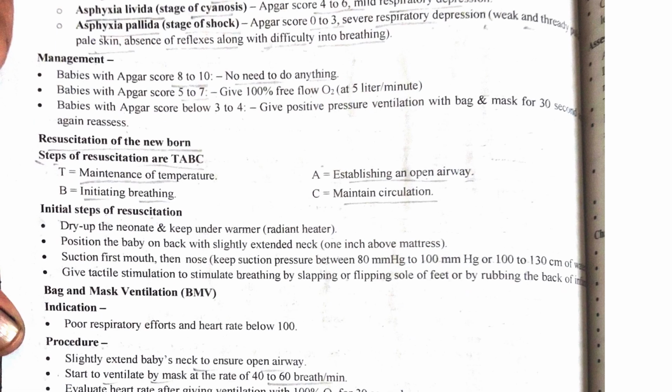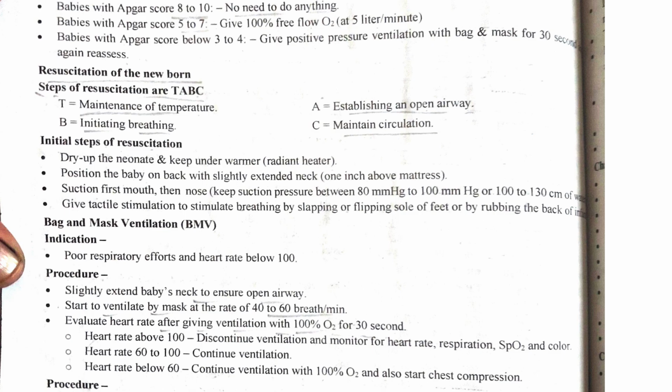Resuscitation of newborn. Steps of resuscitation are TABC. T for maintenance of temperature, A for establishing an open airway, B for initiating breathing, C for maintaining circulation. Initial steps of resuscitation: dry up the neonate and keep under a radiant warmer. Position the baby on the back with slightly extended neck, 1 inch above the mattress.